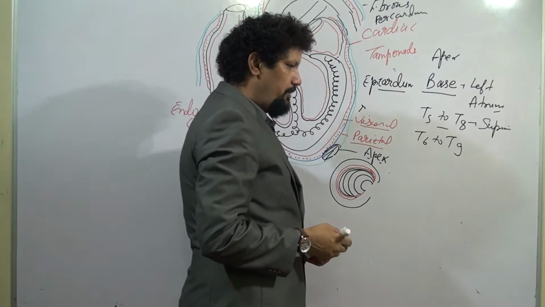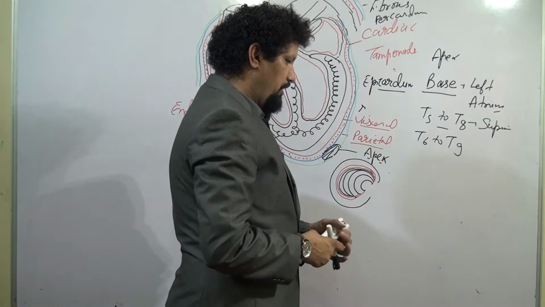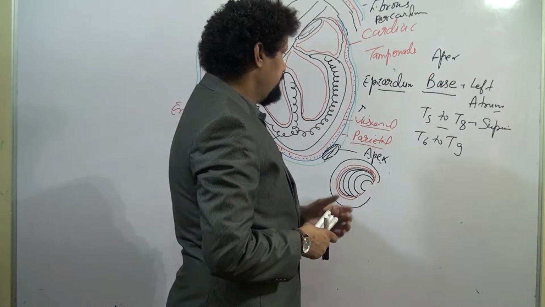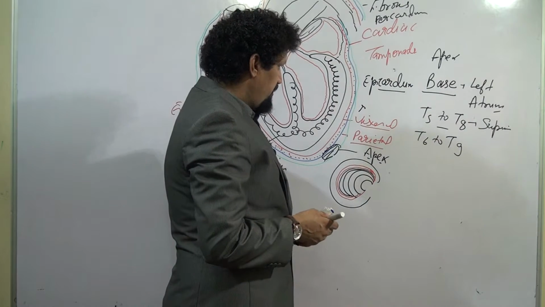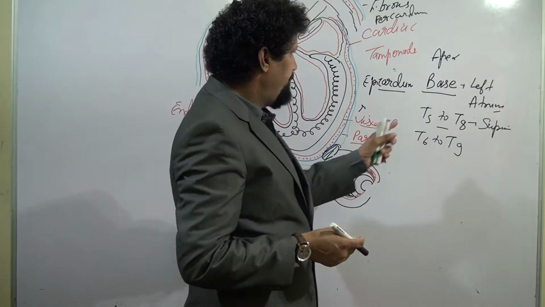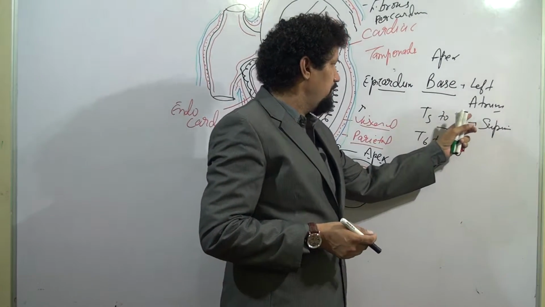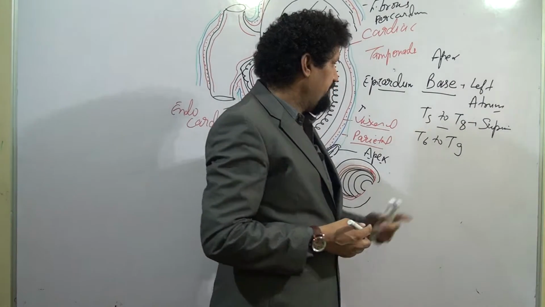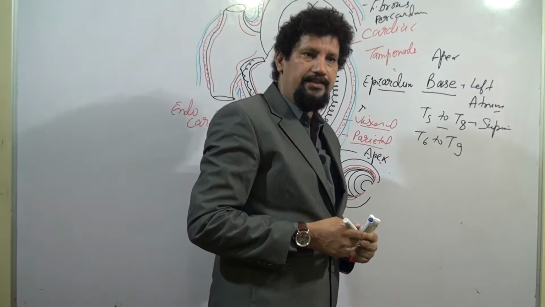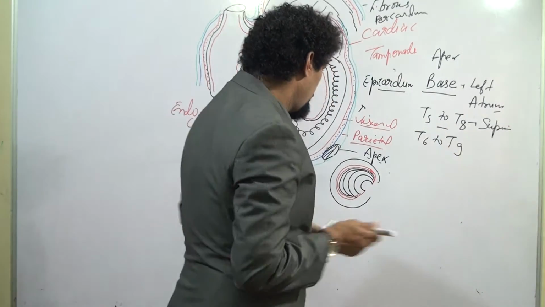The structure behind this base, or the left atrium, is the esophagus and the descending aorta.